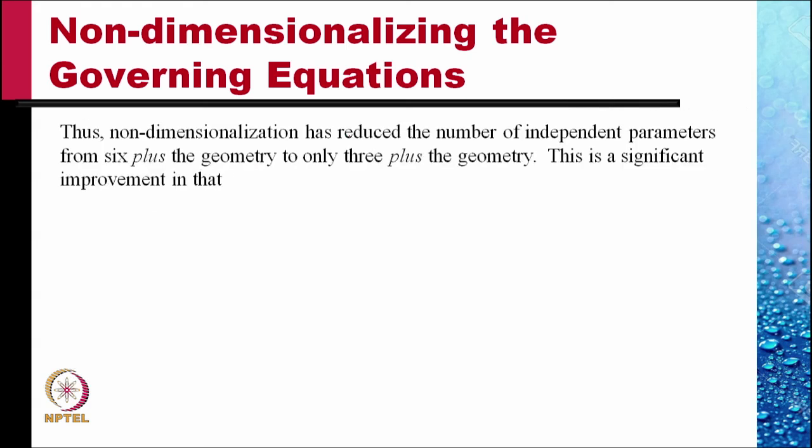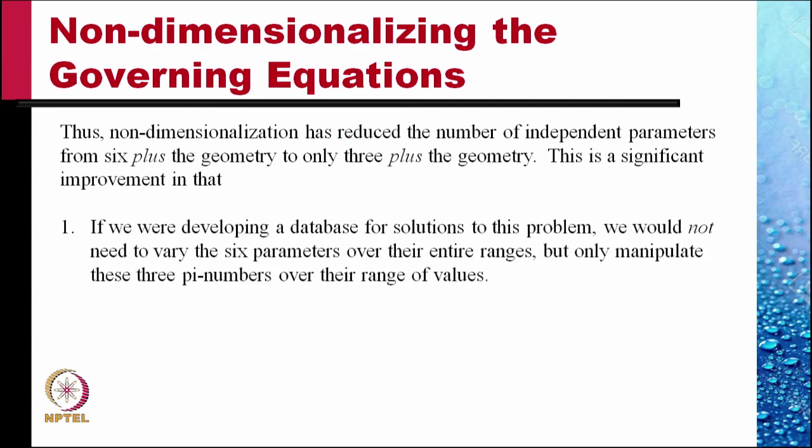Thus, non-dimensionalization has reduced the number of independent parameters from 6 plus the geometry to only 3 plus the geometry. This is a significant improvement in that if we were developing a database of solutions to this problem, we would not need to vary the 6 parameters over their entire ranges, but only manipulate these 3 pi numbers over their range of values.